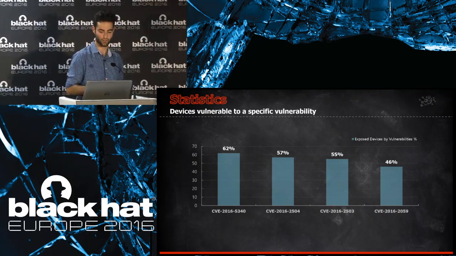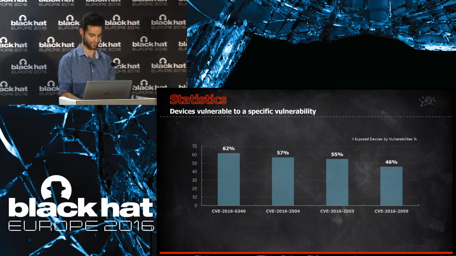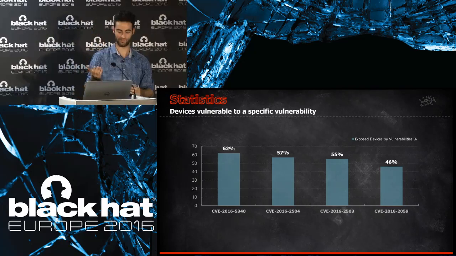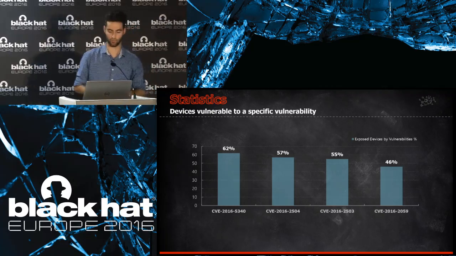Still, half a year later, almost half of the market is vulnerable to the Qualcomm vulnerability. Again, it's not supposed to take so much time, especially when public patches by Qualcomm are already available.